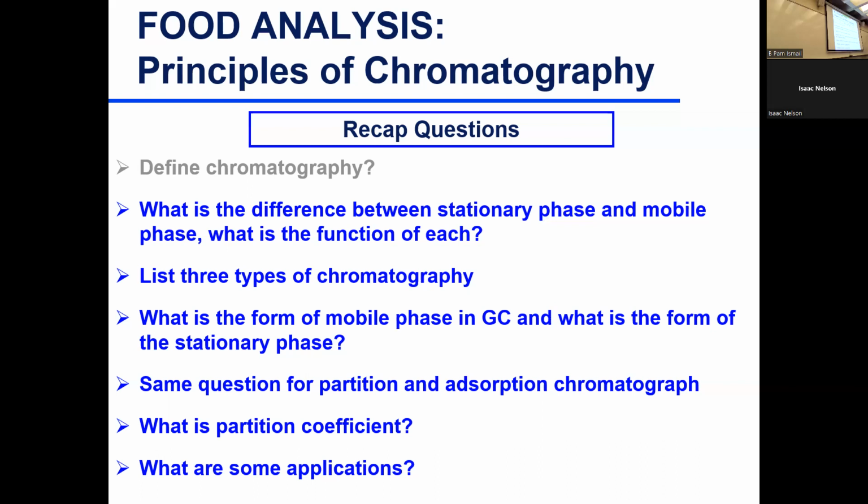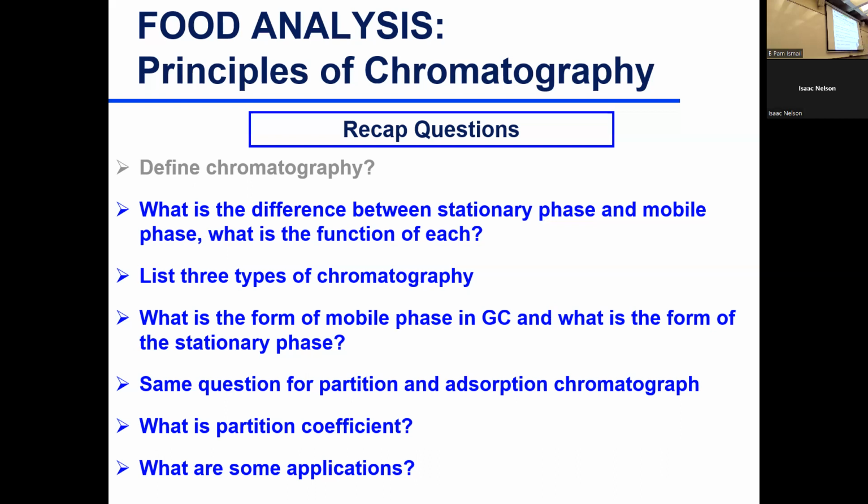It's a constant. When you hear the word coefficient, it's a constant. It's how soluble the substance is in the mobile phase over how soluble it is in the stationary phase. Correct. It is the coefficient that gives you the ratio of its partitioning between the mobile phase, as phase one, and the stationary phase.